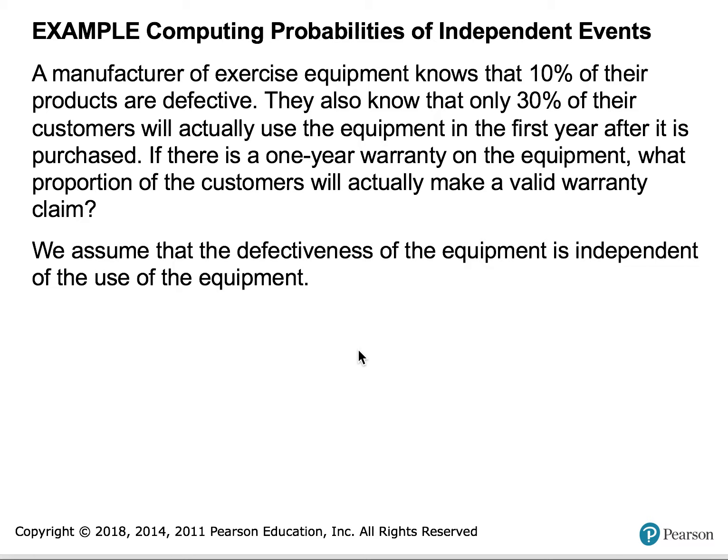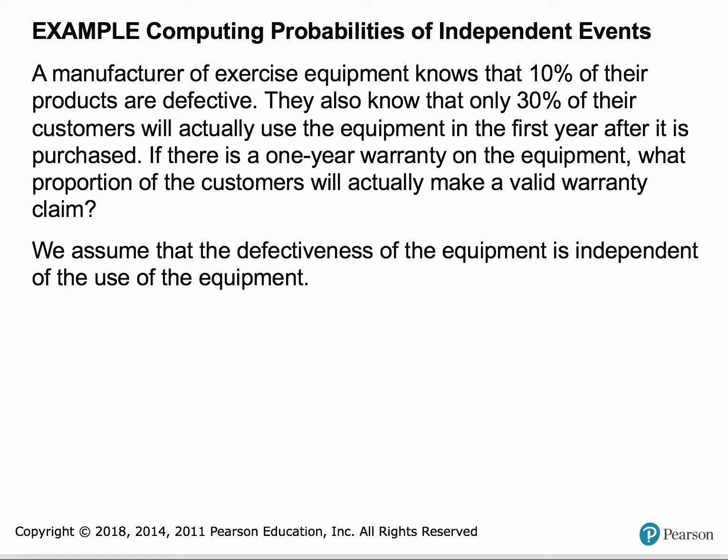Okay, let's do another one. A manufacturer of exercise equipment knows that 10% of their products are defective. They also know that only 30% of their customers will actually use the equipment in the first year after it's purchased. If there's a 1-year warranty on the equipment, what proportion of the customers will actually make a valid warranty claim?